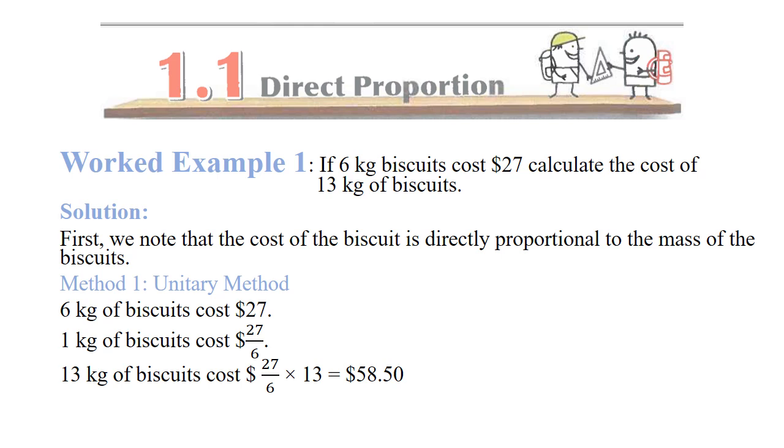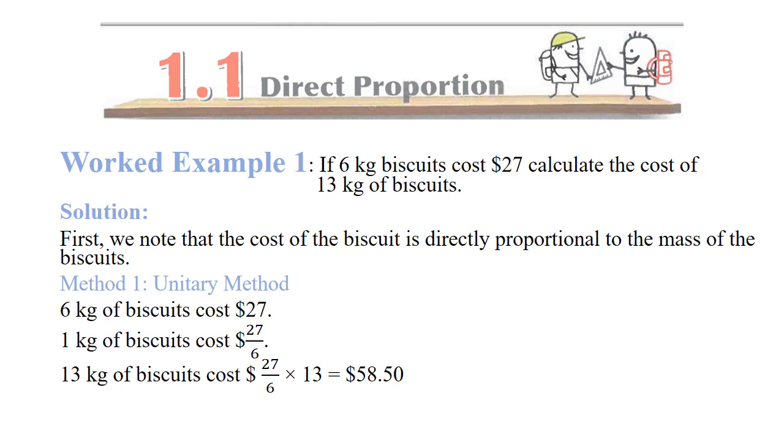So we are asked to calculate the price of 13 kgs of biscuits. Physically we can understand that the price will increase with the magnitude or the mass of the biscuits. So there is a direct relationship or direct proportionality between the mass and the price.